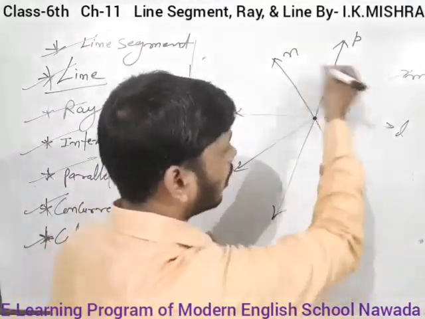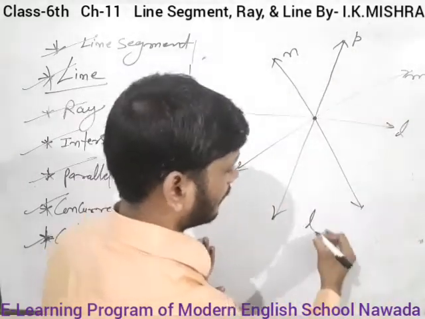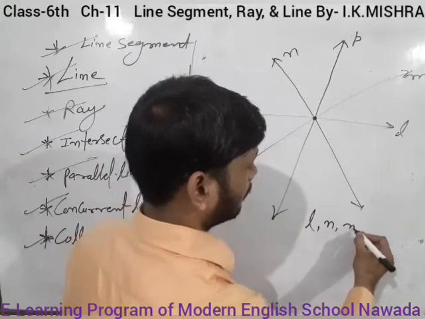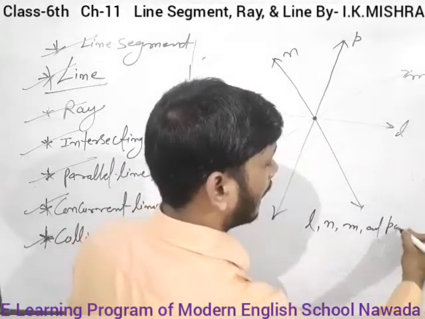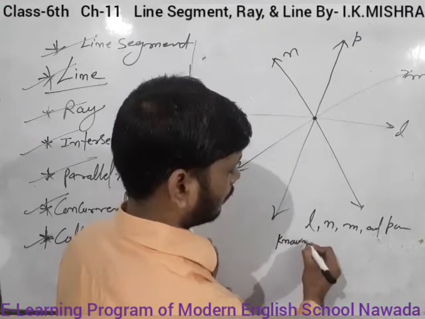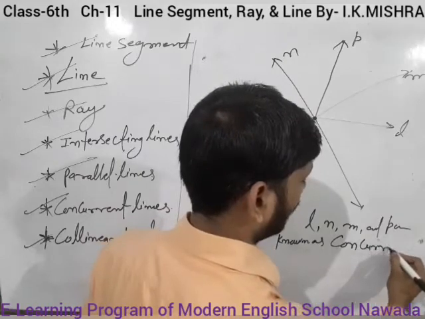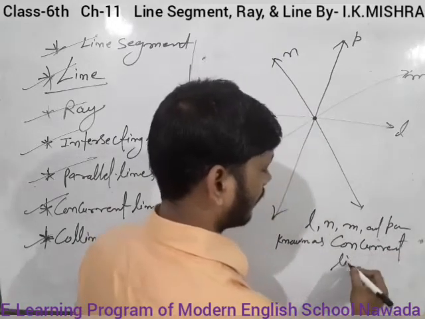That means lines L, M, N and P are known as concurrent lines.